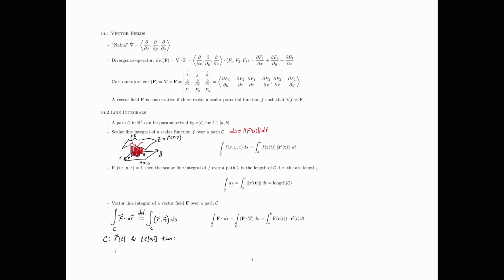then capital T, if we remember from chapter 13, capital T is the unit tangent vector. So that's the derivative divided by the magnitude of the derivative. That's what capital T is. We're not going to really use this in here right now for this explanation, but I just wanted to recap what capital T is. It's the unit tangent vector.